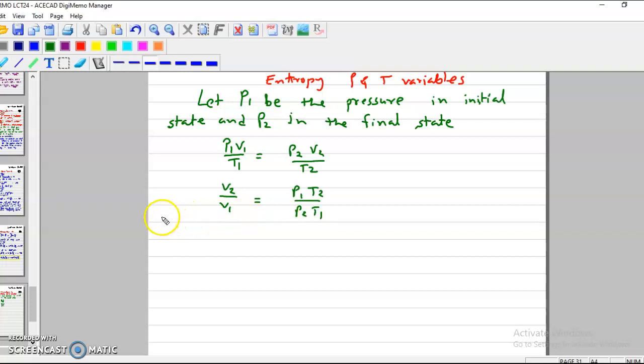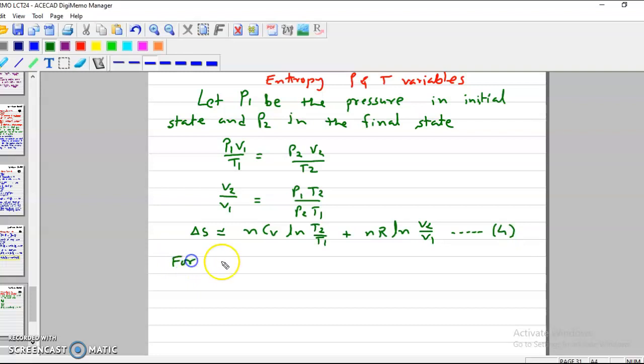Now when we take volume and temperature variable, we derived two formulas. One is delta S is equal to nCv ln T2 upon T1 plus nR ln V2 upon V1, and this was equation 4 in the previous lecture.